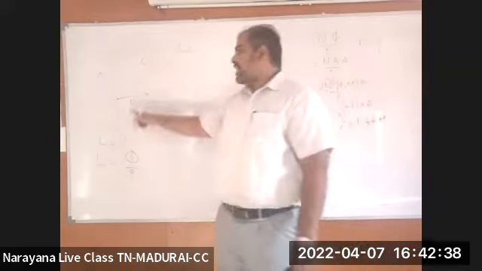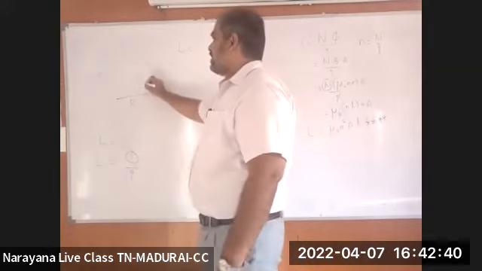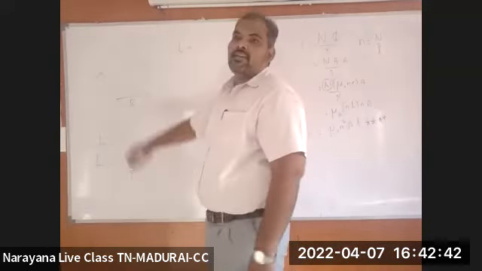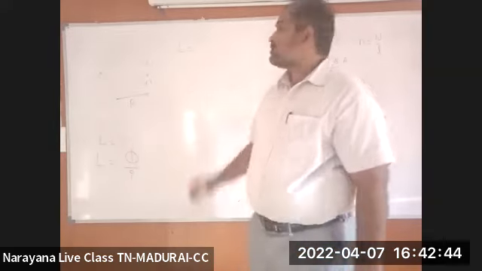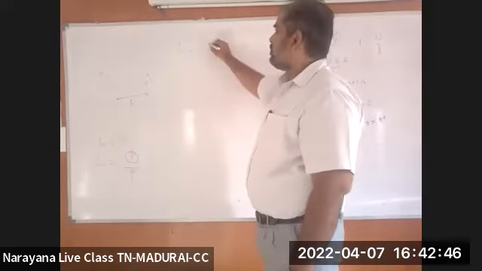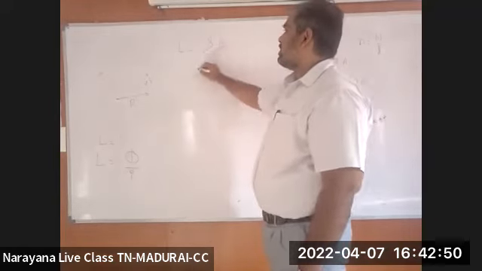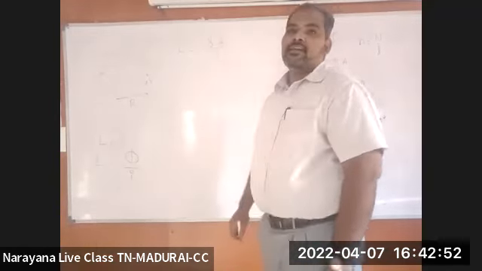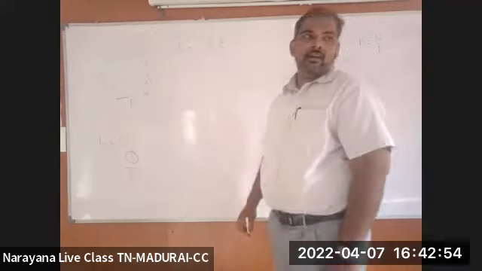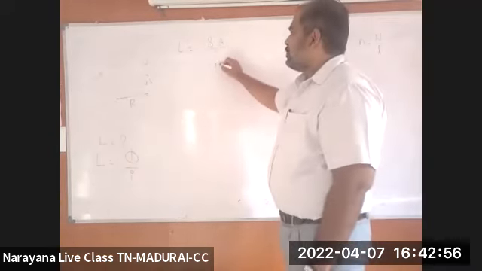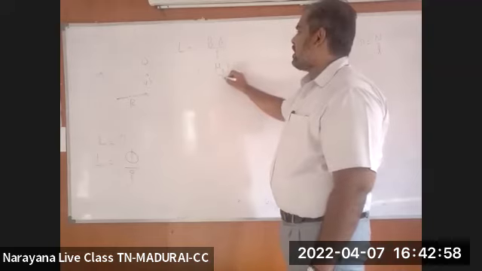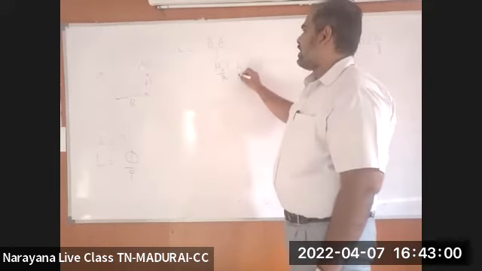So what is the magnetic field due to this current, let's say I ampere, at the center? Flux equal to how much? B into area of the coil, by I. What is the magnetic field at the center due to a circular current carrying coil? Mu naught I by R, into area by I.